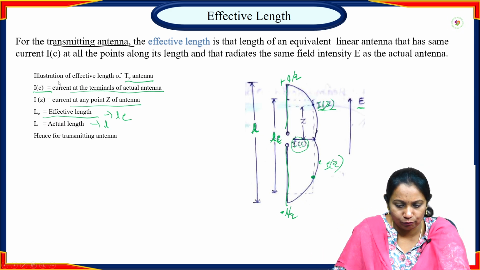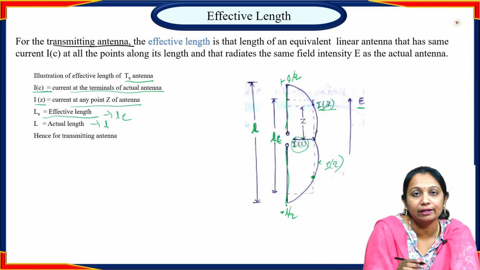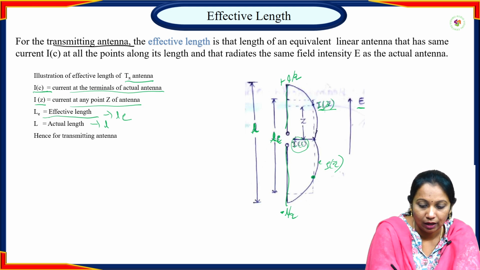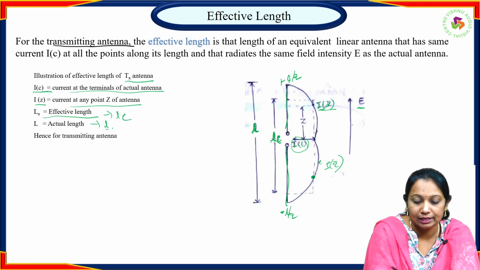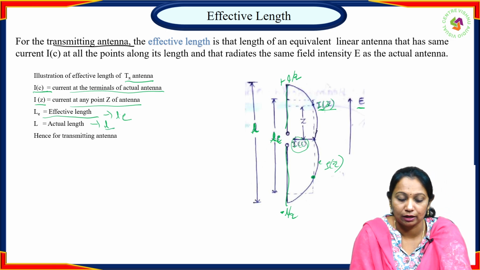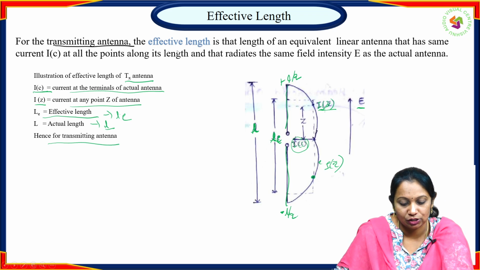Now, whatever I explained was defined here: one parameter is I of C, the second is I of Z, the current at any point Z of the antenna, and LE will be the effective length, for which we are going to write the expression, and L the actual length of the antenna. Hence for the transmitting antenna, how are we going to write the expression?